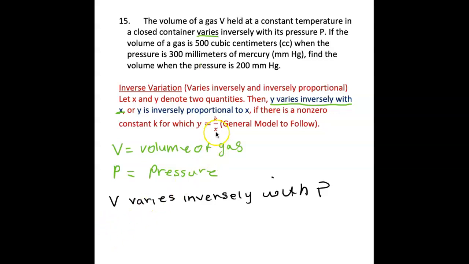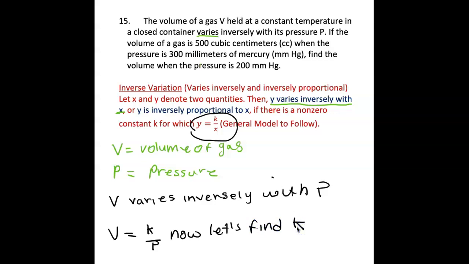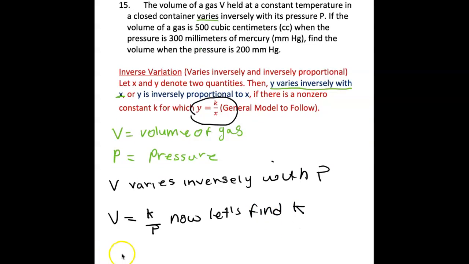So from the definition, V equals K over P. I do not know K, so now I need to find K so I can construct my final model. V is the volume of the gas, and they're telling me that at 500 cubic centimeters, the pressure is this amount.